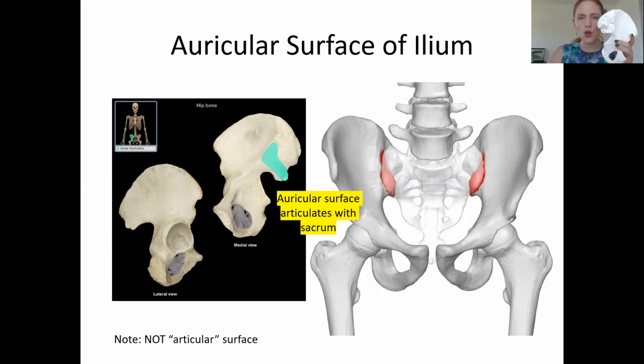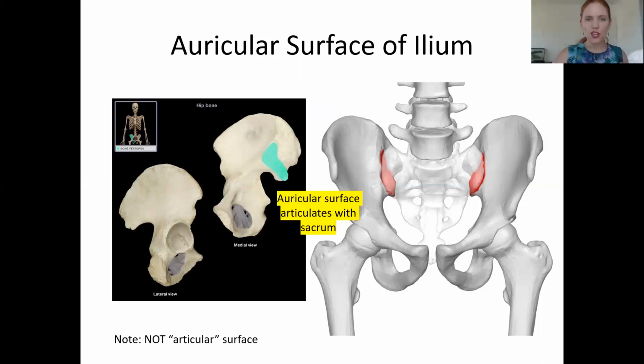Please note that I did not say articular. It does articulate, but it is not the articular surface. It's the auricular surface. That is where the sacrum is going to articulate, just like that. You'll have a corresponding one on the sacrum as well.